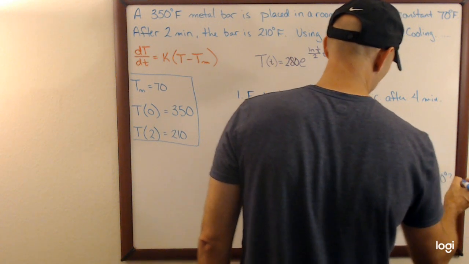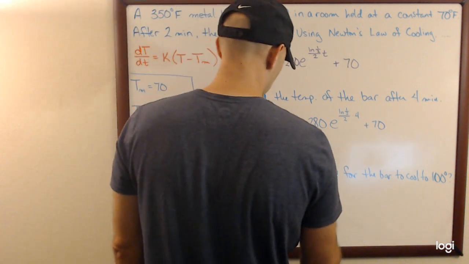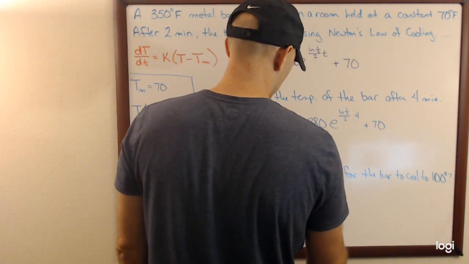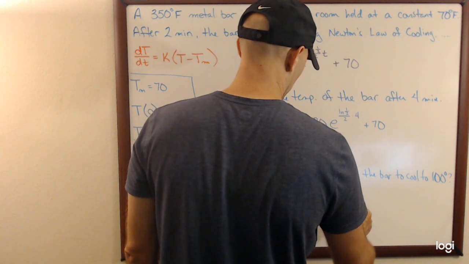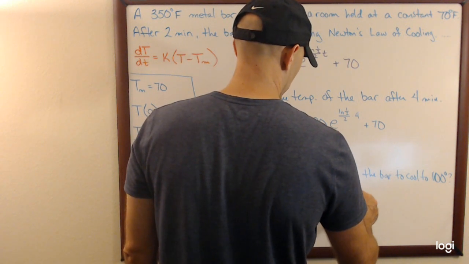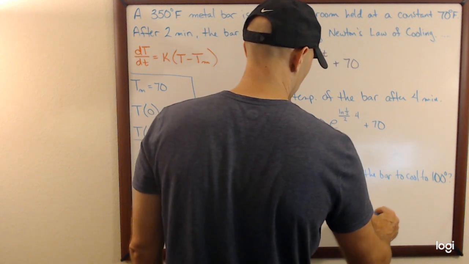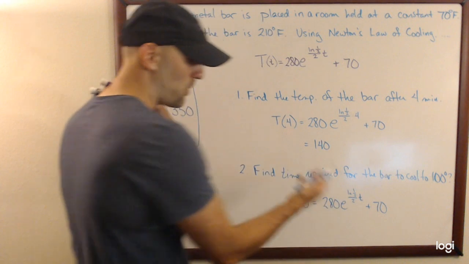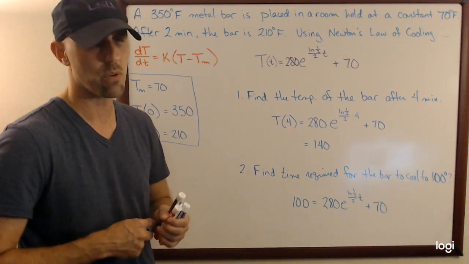And again, that's just giving you the other variable, right? If you want the temperature to be 100, then plug that in. You'll get 100 is equal to 280 times e to the natural log 1/2 over 2 times t plus 70. And again, there's only one variable in this, right? So you can just solve for t. That one's not very nice, so I can't do it in my head.